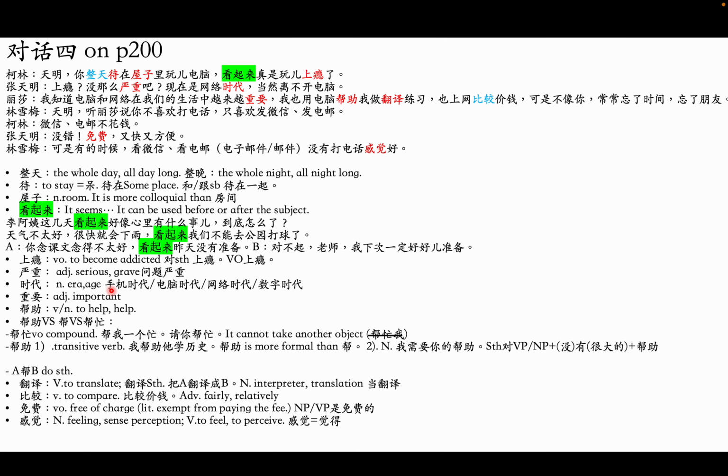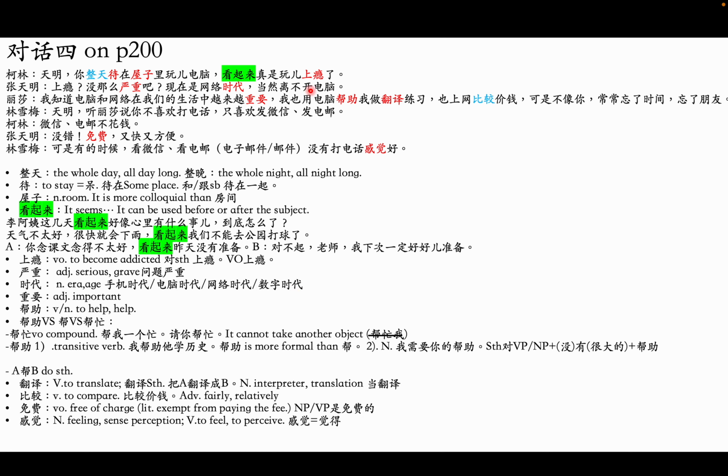We can say 手机时代手机 means cell phone, cell phone era, 而电脑时代 computer era, 网络时代 internet era, or 数字时代，数字 means digital. Literally means numbers. It also means digital era. Now, it's the age of the internet.